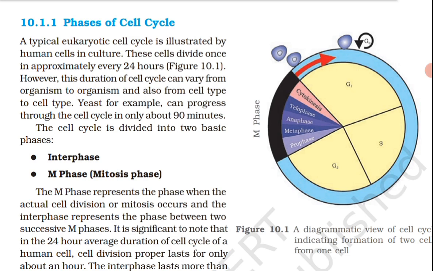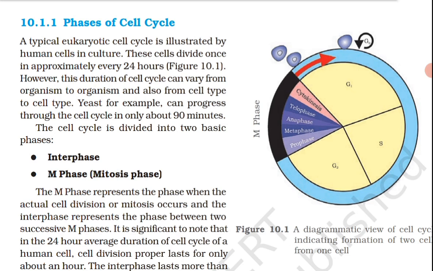The interphase is divided into three phases.